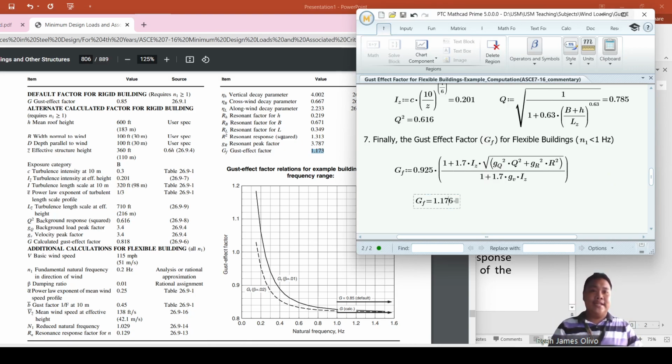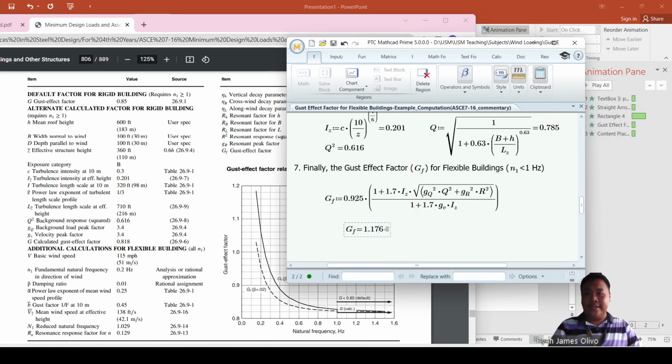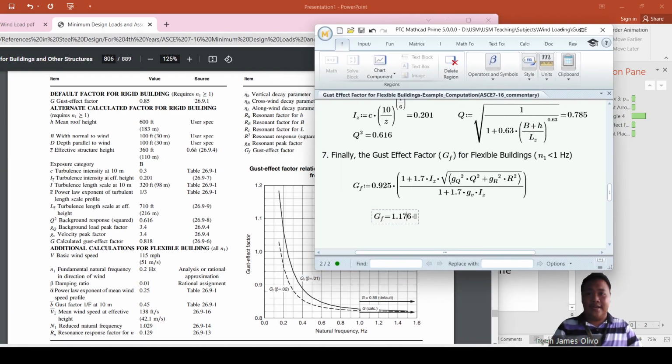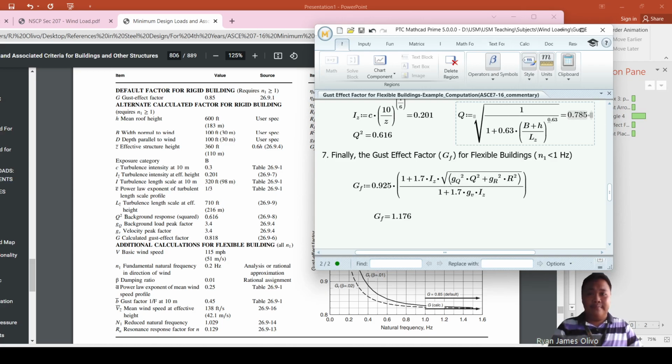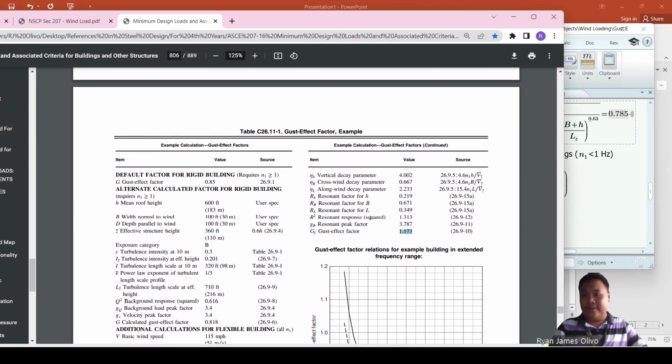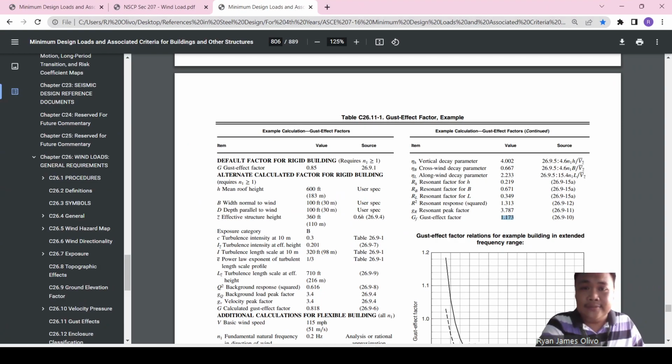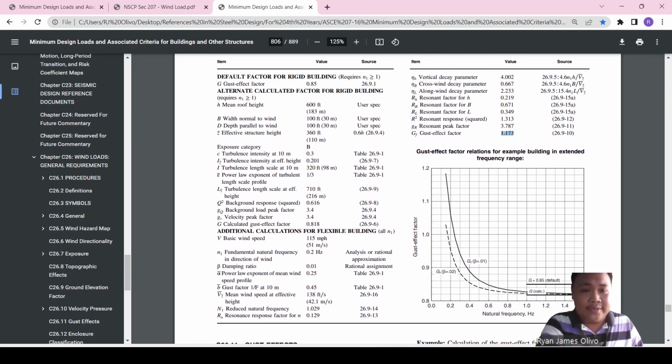It's very important, class, that as you can see here, my computation is verified by the example calculation from the ASCE. It is a sample computation by ASCE. As the natural frequency decreases, the gust effect factor increases, and that is very important.